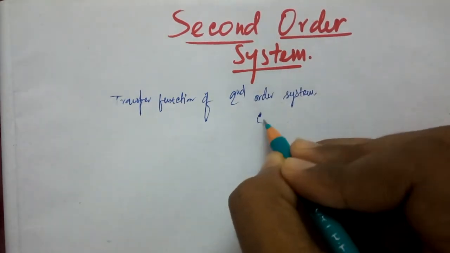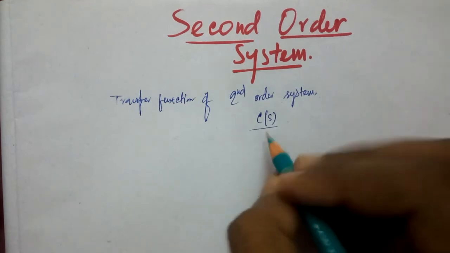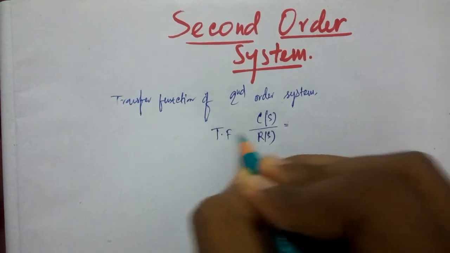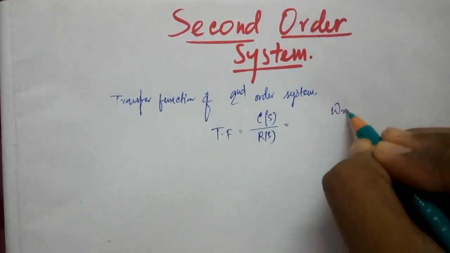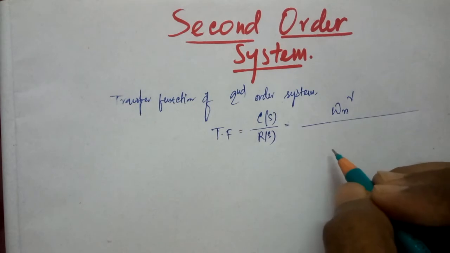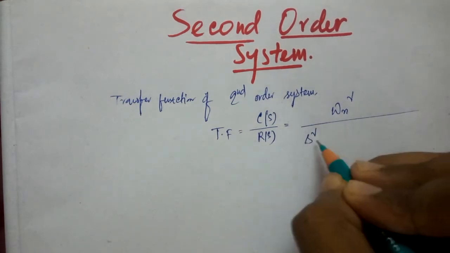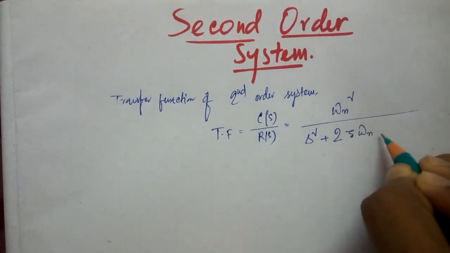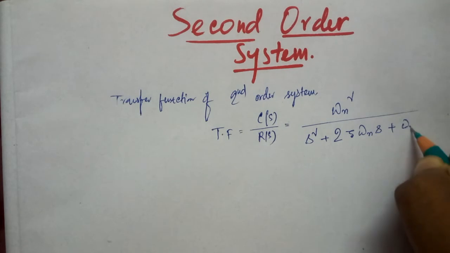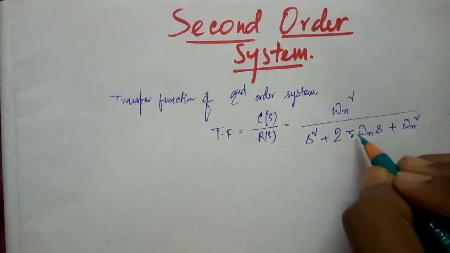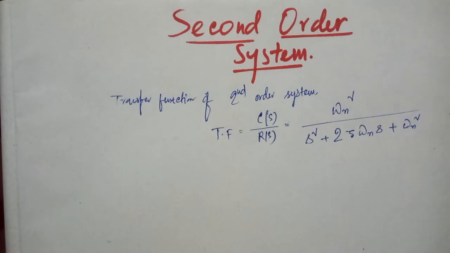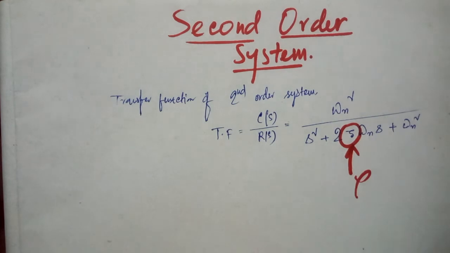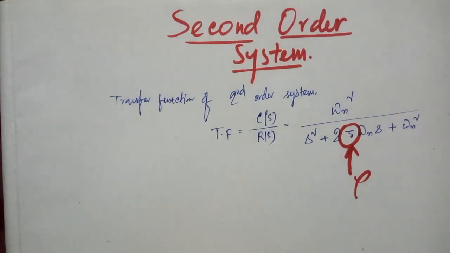If the output is C(s) and the input is R(s), then the transfer function is omega n whole square by s square plus 2 zeta omega n s plus omega n square. In some books or some teachers can teach this zeta as rho. Both the things are same.